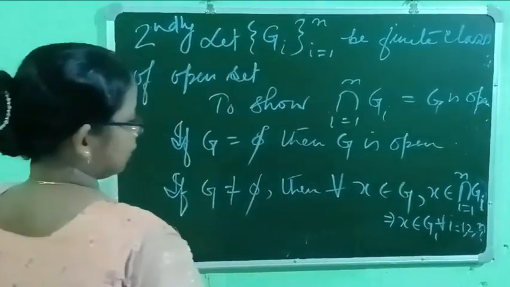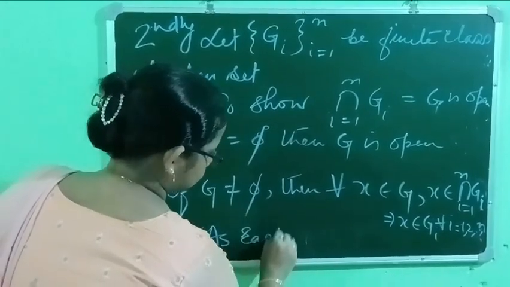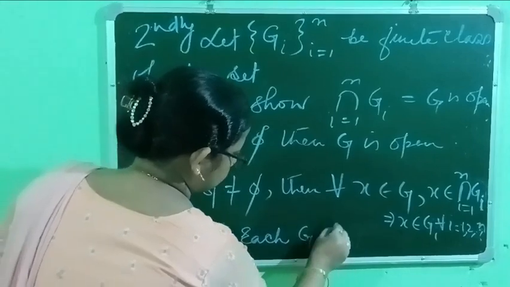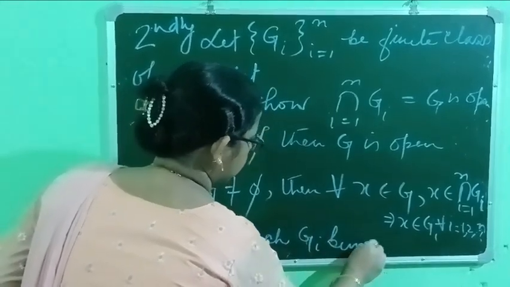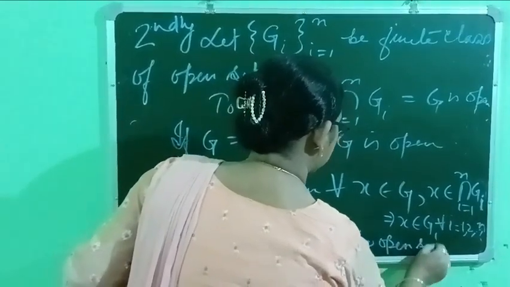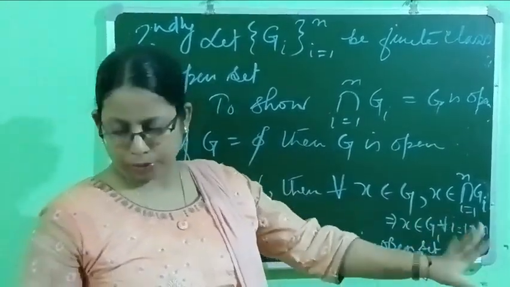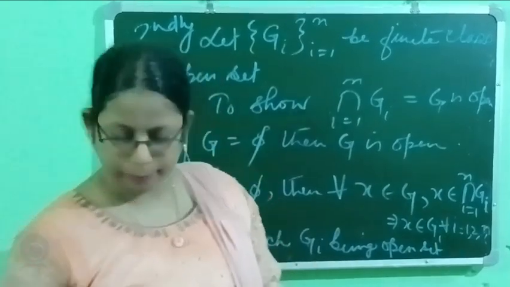As Gi is an open set centered at x, we will get some open sphere contained in Gi.